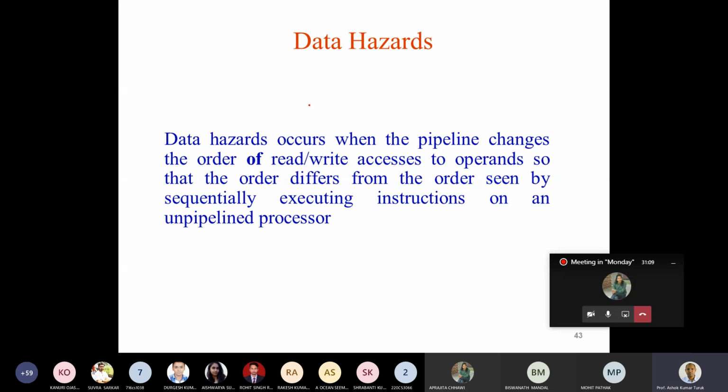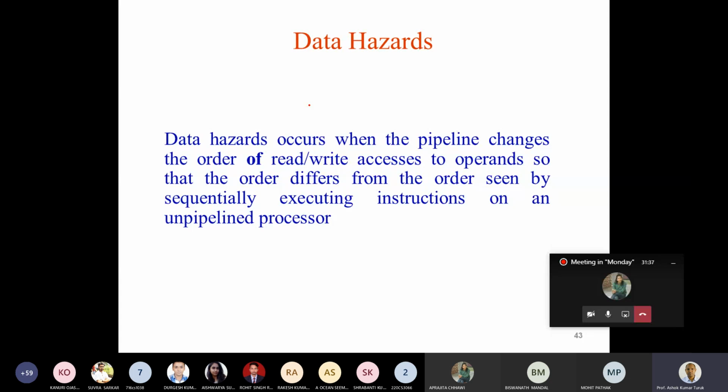Only after an instruction executes, the successor of that instruction is executed. So the order of read and write is not going to change in sequential execution. But in a pipeline execution, if the instructions are overlapped, then the order of read and write is going to change.